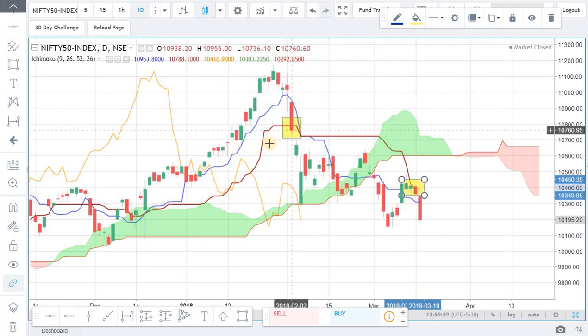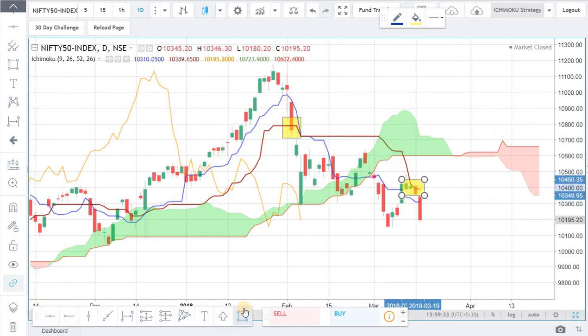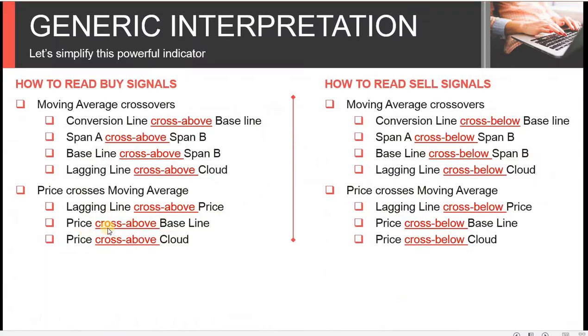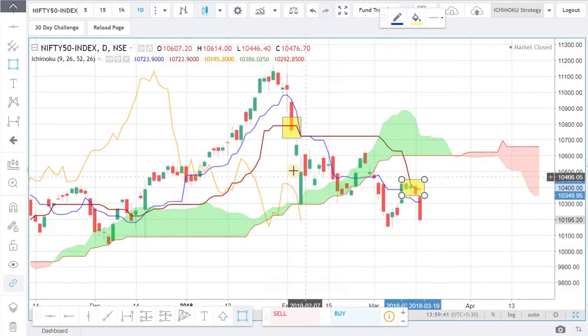So these are the other things that you definitely need to look into, especially with relation to baseline and price. And then you have to compare price with the cloud. When we say cloud, you take the cloud as a whole, mostly. If it's bouncing off span B, then make sure that it goes above the outer edge.